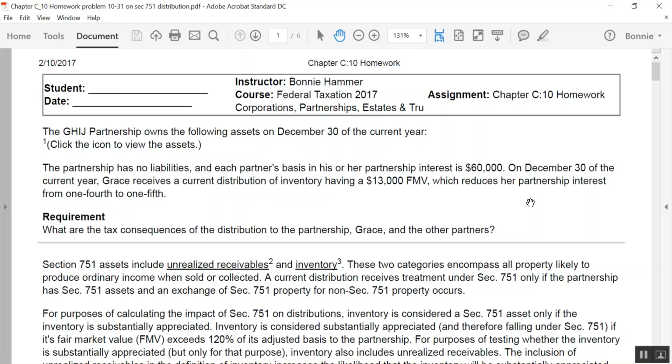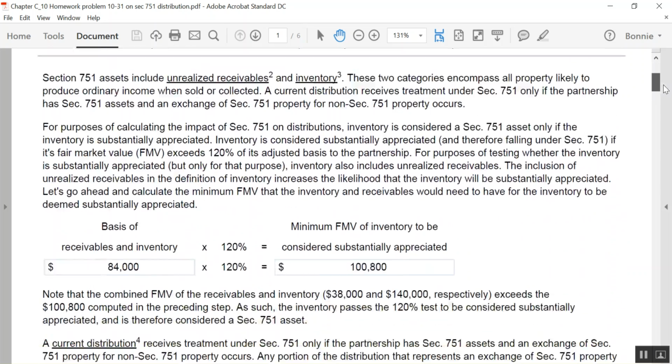On December 30th of the current year, right at year end, Grace receives a current distribution of inventory having a $13,000 fair market value, which reduces her partnership interest from 1/4 to 1/5. The requirement is, what are the tax consequences of this distribution to the partnership, to Grace, and to the other partners?